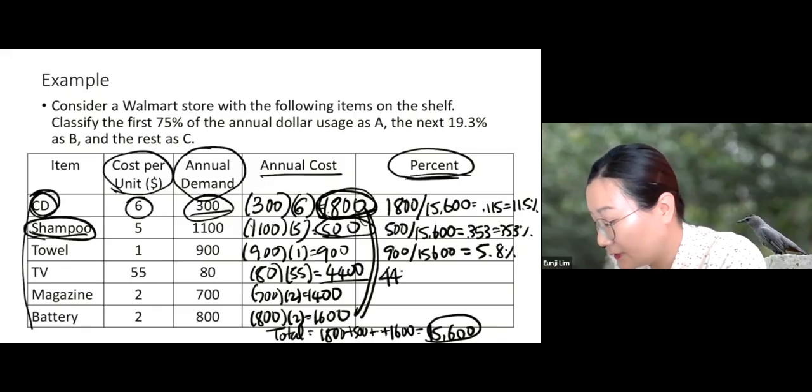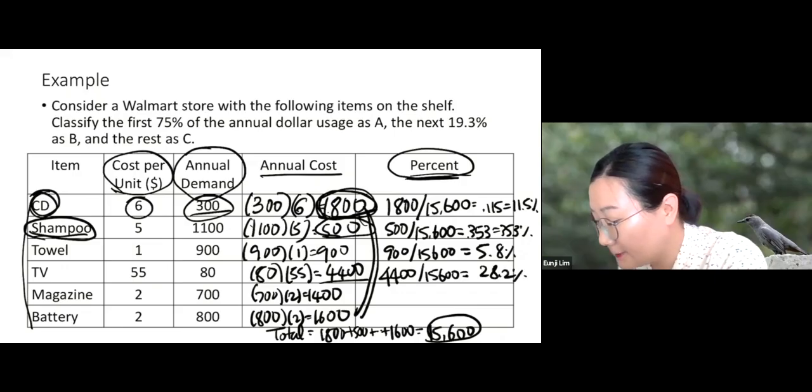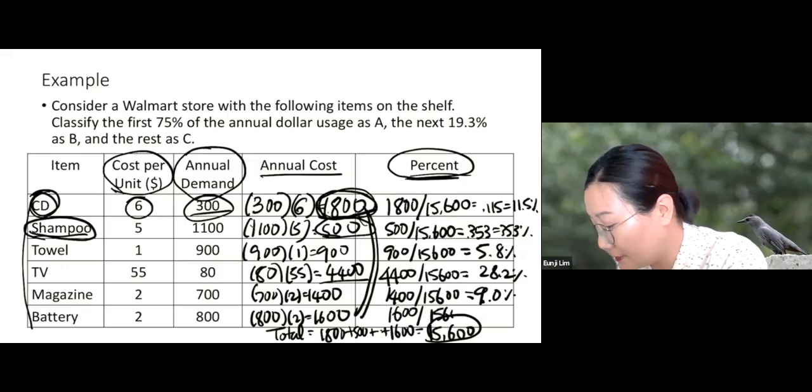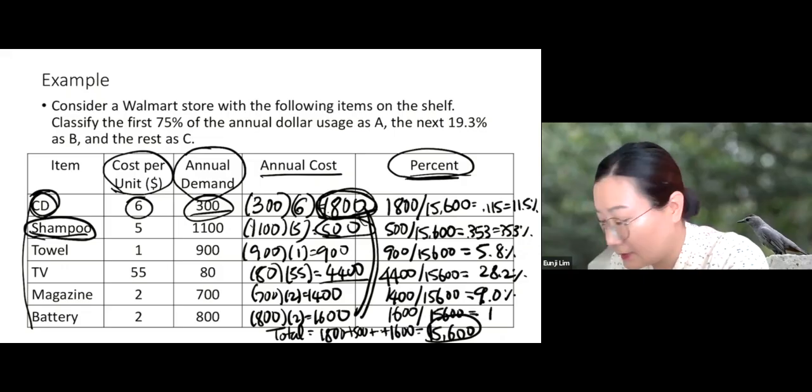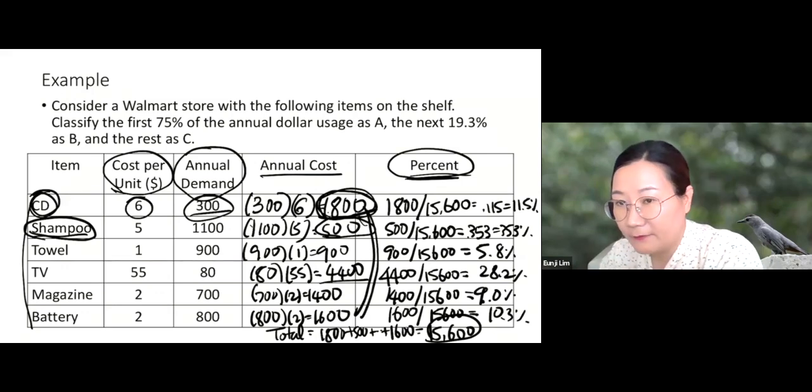Next, 4,400 over 15,600, that's 28.2%. And next, 1,400 over this equals 9.0%. And next, 1,600 over 15,600, 10.3%.